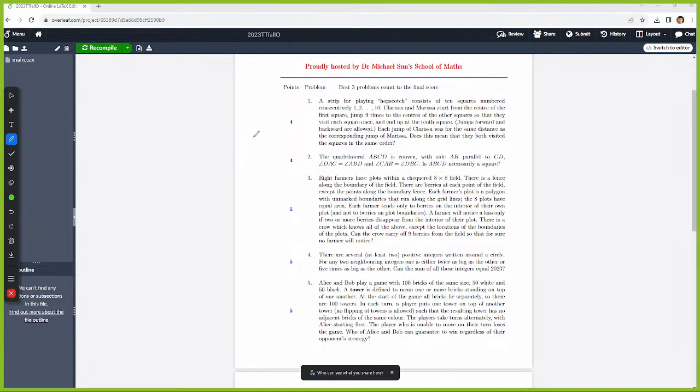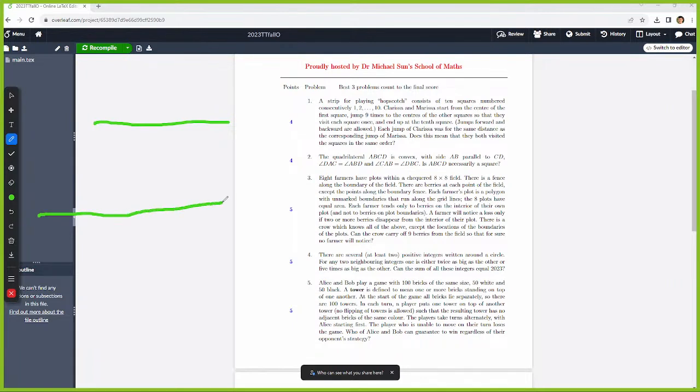Okay, so we know what a convex quadrilateral is. Do we know what parallel means? Parallel means they're going in the same direction. They can't be going into each other. They'll never meet.